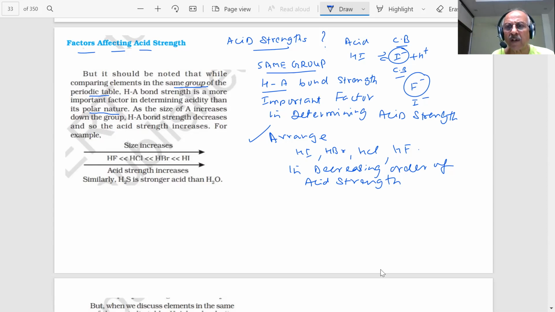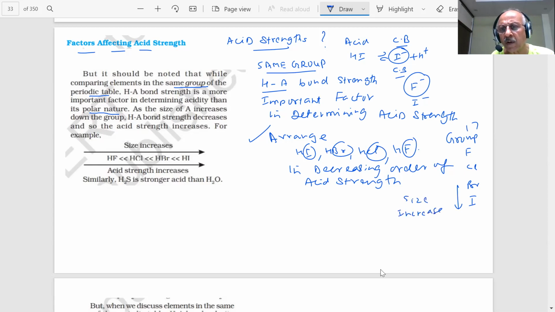So what are we talking about? Fluorine, chlorine, bromine, and iodine. Are they in the same group? Yes, sir. What group is that? Group 17. So as I go down the group, is the size increasing or decreasing? Size is increasing. That means the H-X bond length is increasing.